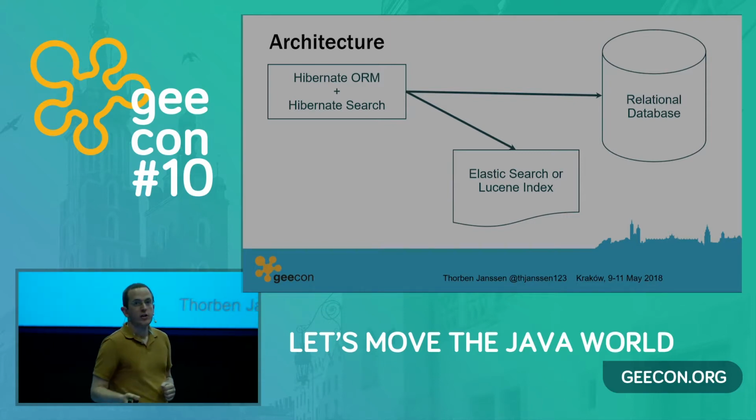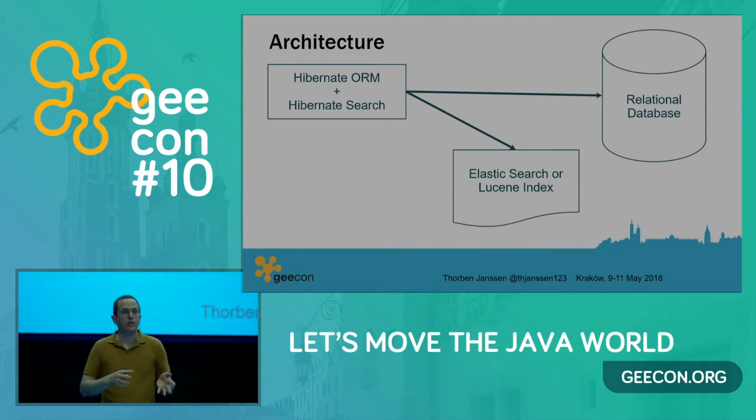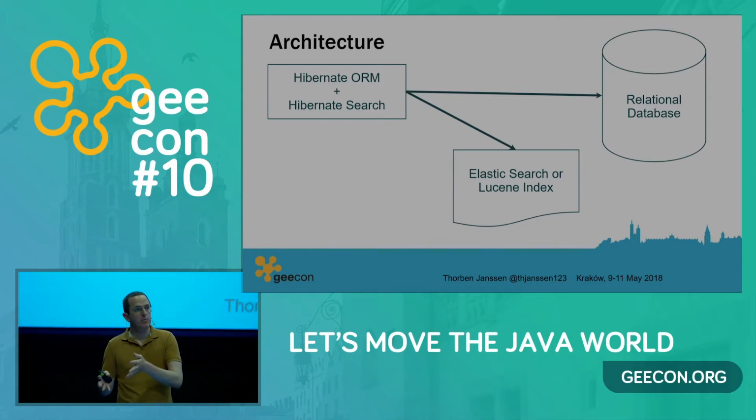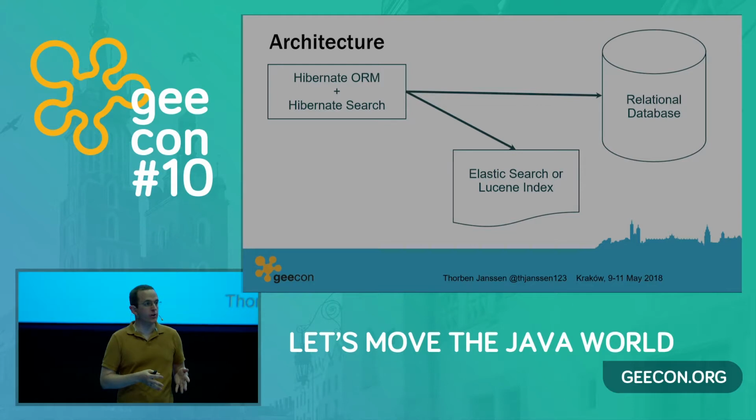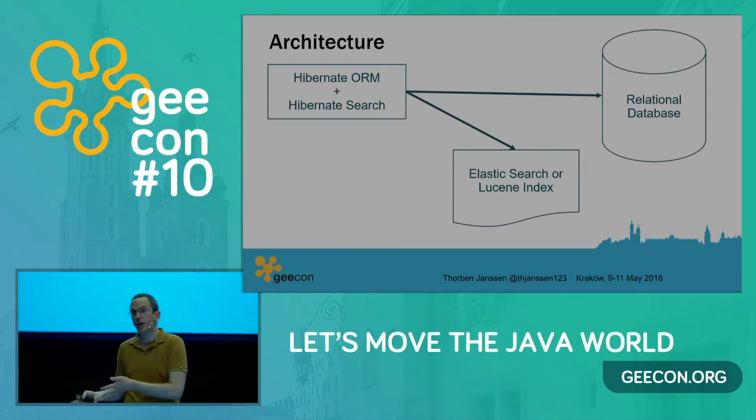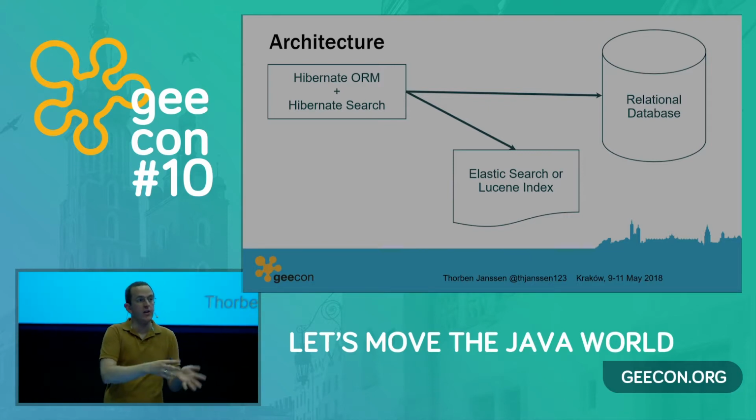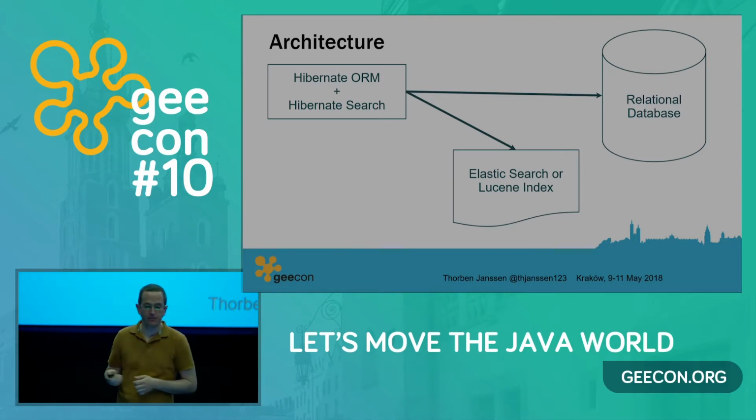So Hibernate Search integrates into Hibernate ORM, and whenever you write something to the database that's also indexed for full-text search, it updates the full-text search index. Or you can do a full-text query, then it executes the query against the full-text search engine, retrieves the IDs, and then uses these IDs to get the records and matching entities from the relational database.